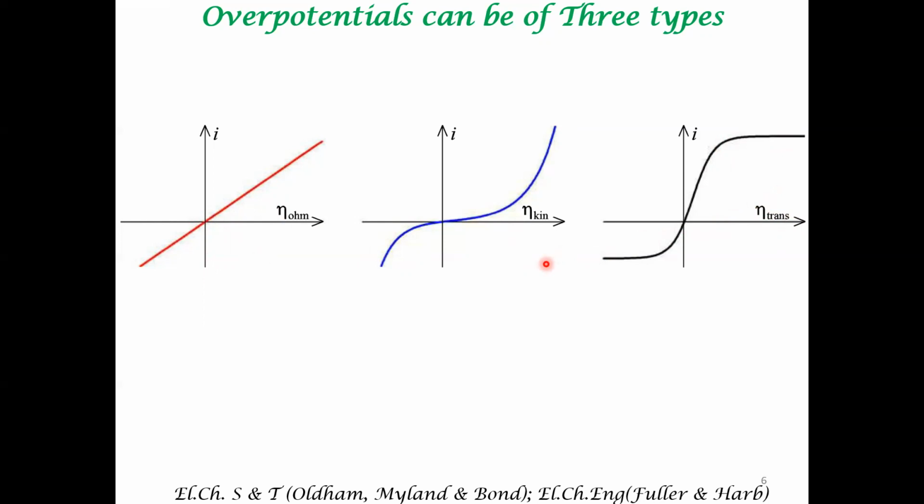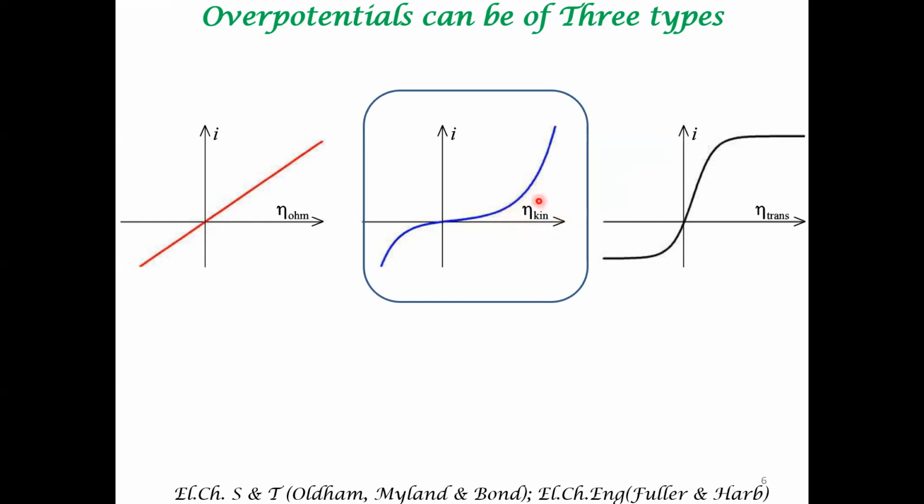But what we will be seeing in the next lecture is what is called the kinetic overpotential. This is associated with electrode kinetics. There is an electron transfer reaction occurring, and that electron transfer can be exponentially increased when the electrode potential is changed. As the electrode potential is changed in this direction, the kinetic overpotential also increases.